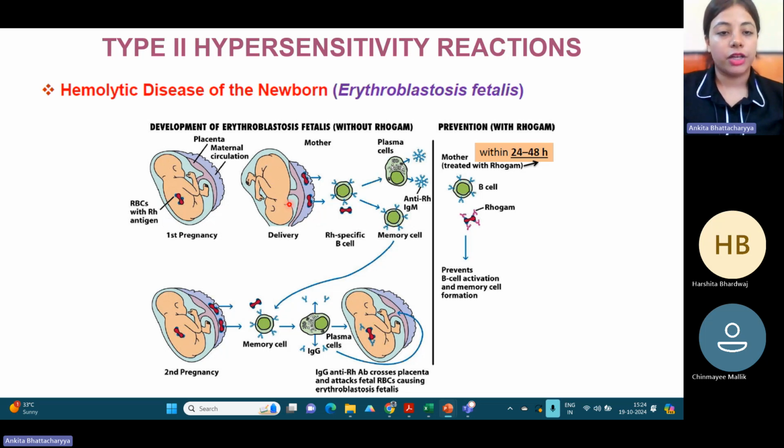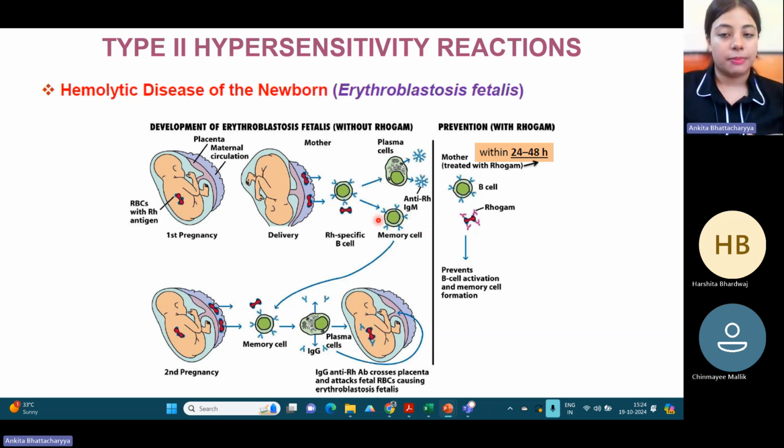At the time of delivery, you can see that these RBCs have actually crossed over into the maternal circulation. As a result, there is an immune response elicited against it, and anti-Rh B cells are being synthesized. Some of them would be plasma cells, which carry the IgM subtype, and they will remove any Rh positive cells from the fetus and clear them out from the system of the mother.